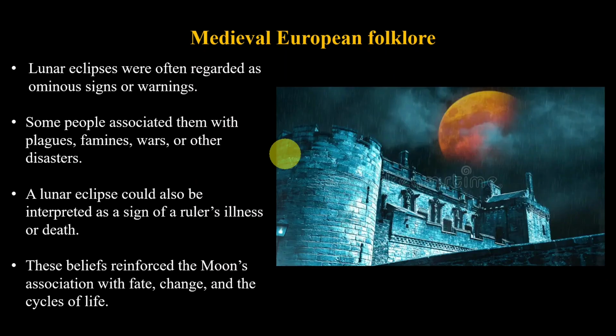How about the medieval European folktale? In medieval European folktale, lunar eclipses were often regarded as signs or warnings. Some people in Europe associated lunar eclipses with plagues, famine, wars, and other disasters.